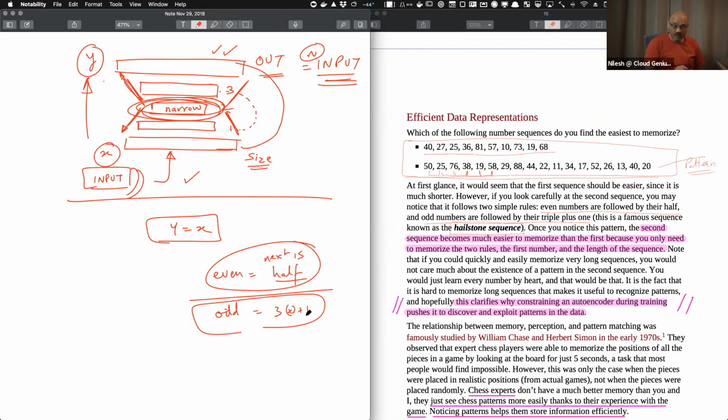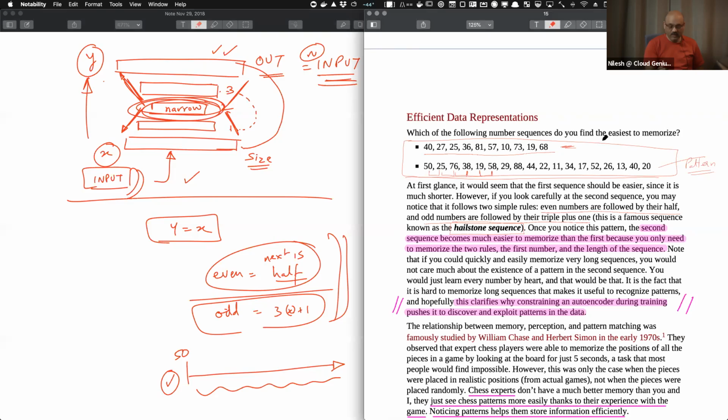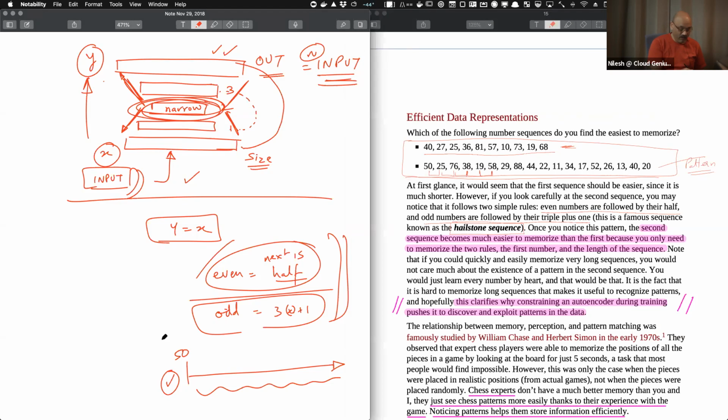And you also need to remember how long to go and the beginning point. The beginning point is 50. That's how you can reproduce the entire data set very succinctly, as opposed to this other data set, which you basically have to remember as it is. That becomes difficult, comparatively speaking.